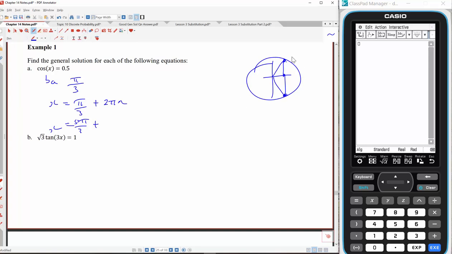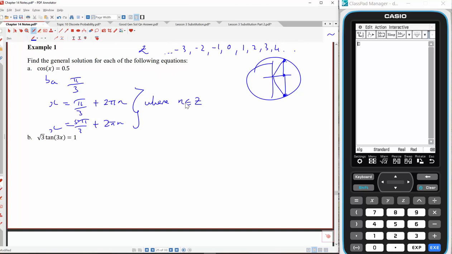We're going to add 2 pi n, where n is an element of z. Now recall that z is just the set of all integers. So z is like -3, -2, -1, 0, 1, 2, 3, 4, and so on. So it's all of those numbers.